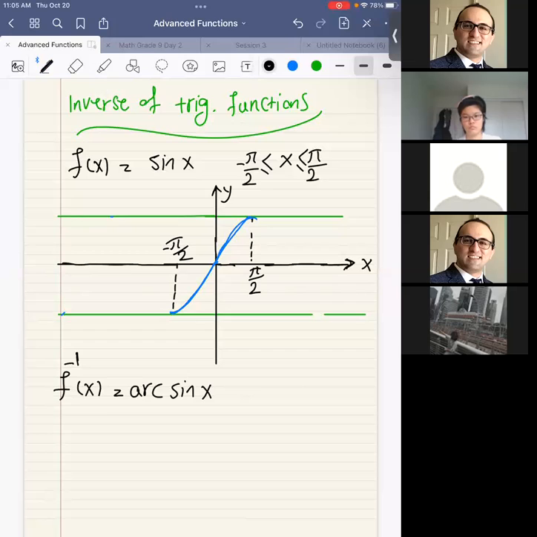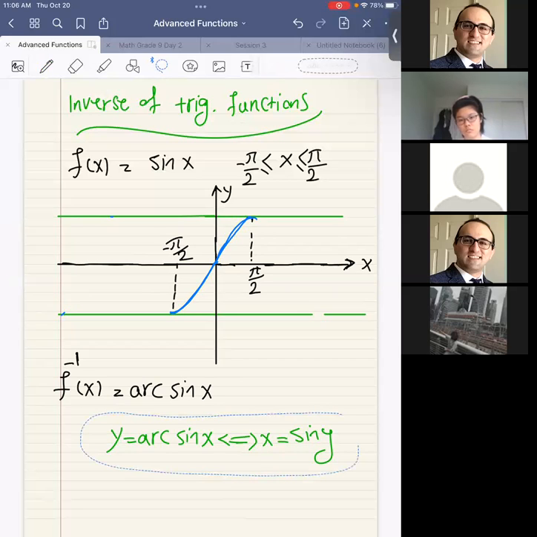And by the definition, we know that y is equal to arc sine x if and only if x is equal to sine of y. So these are inverse of each other. So that's basically the definition of arc sine.